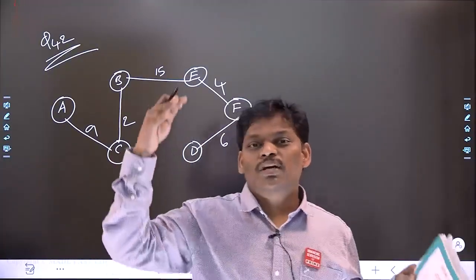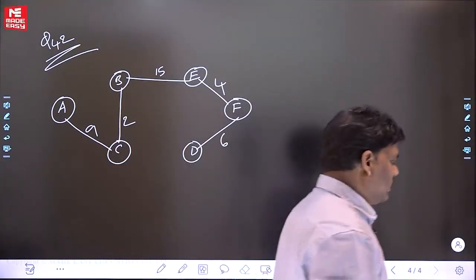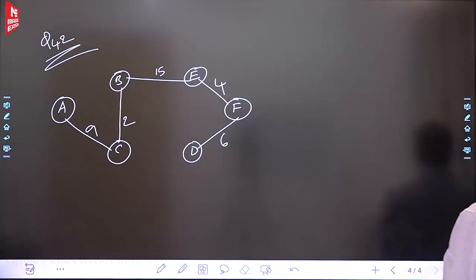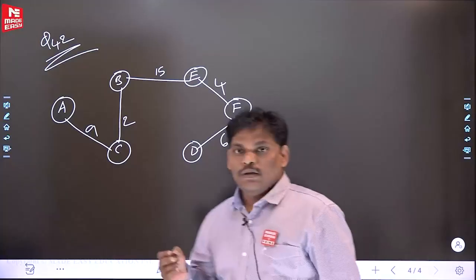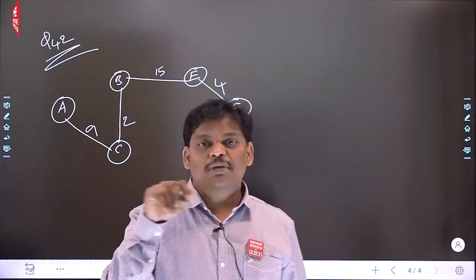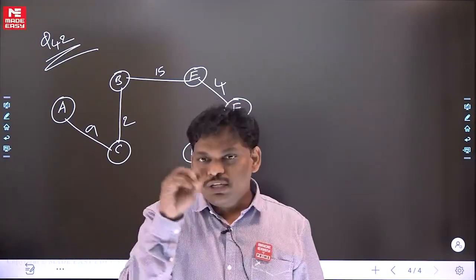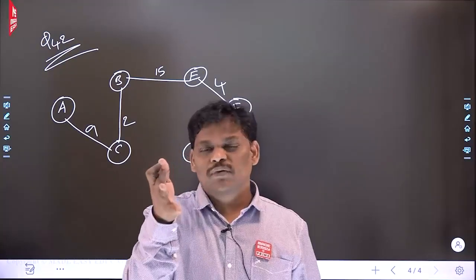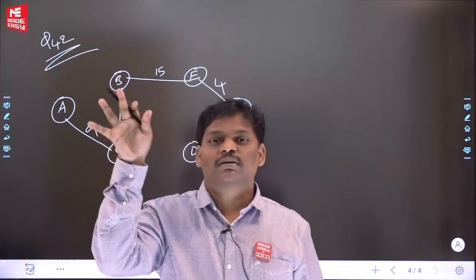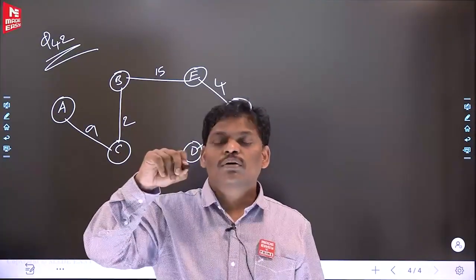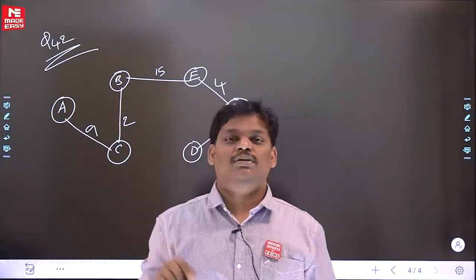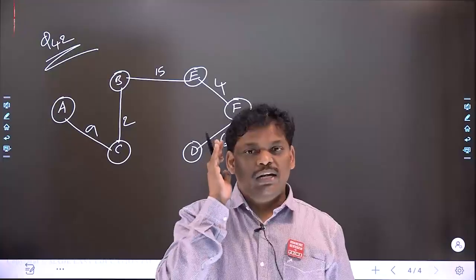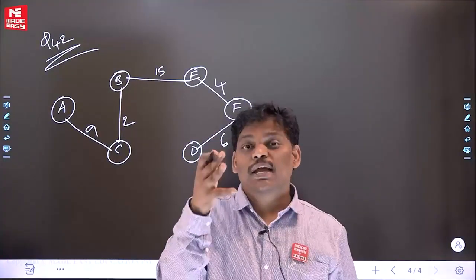In a GATE exam or any competitive exam, if an MST question is given, and in that problem he is asking to find the X value, find the Y value, whatever I am saying belongs to MST only.